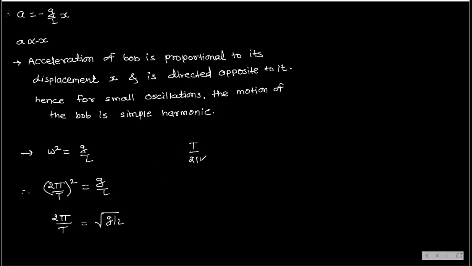T by 2 pi is equal to under root of L by g, and therefore T is equal to 2 pi under root L by g, which is the expression for time period of a simple pendulum.